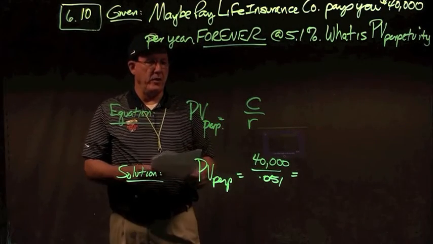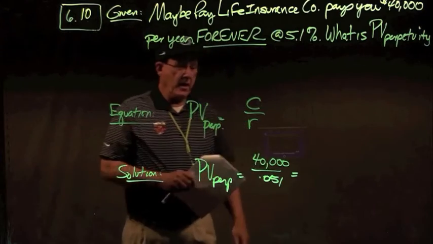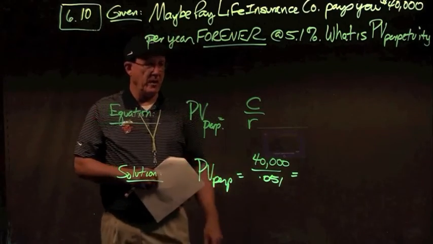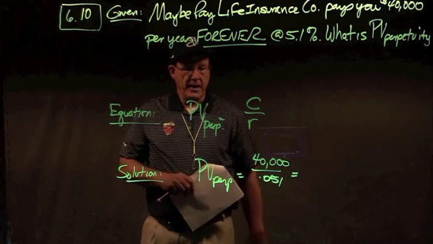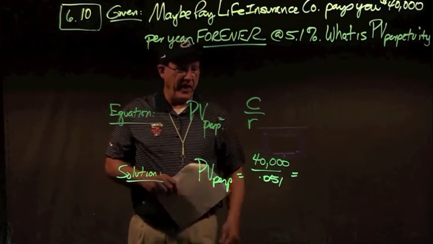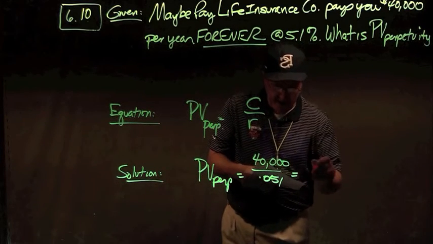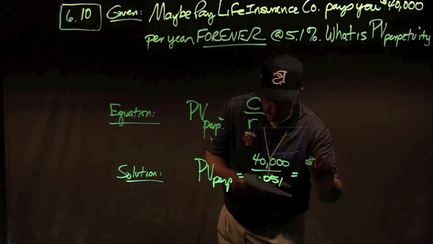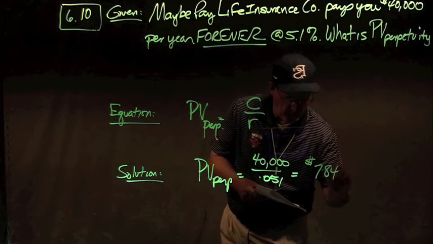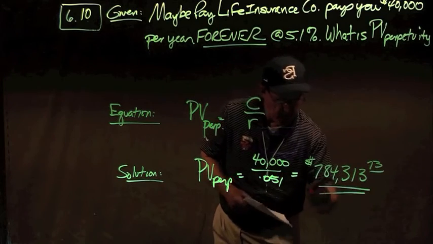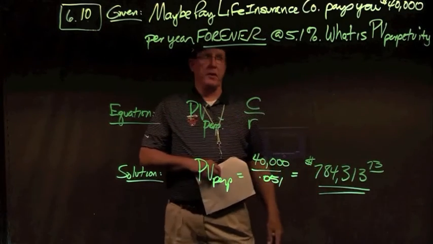Same as present value annuity, it just goes on forever. So it's simply C over R. As T goes to a large number, you're left with C over R. Present value of the perpetuity is $40,000 divided by 0.051, and I get a policy amount of $784,313.73. There's your answer to this perpetuity problem.